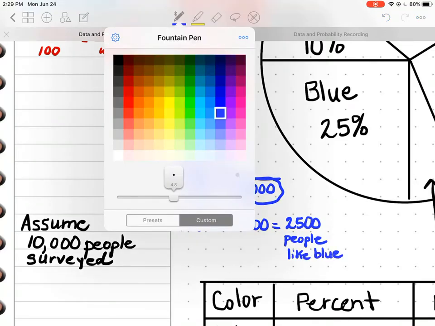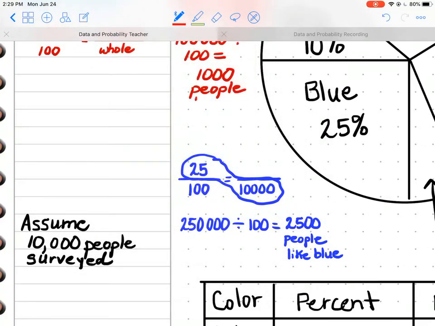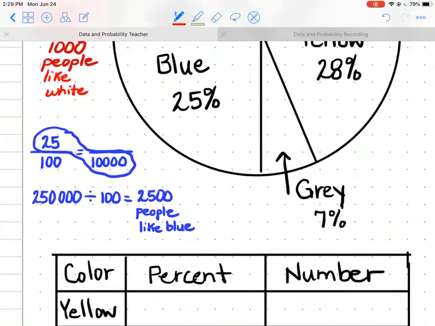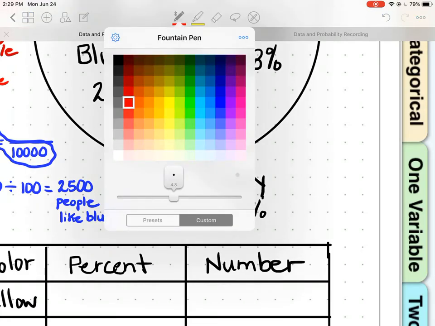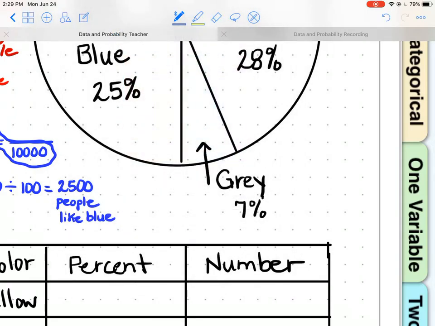And this one up here was the white ones. So then I'll move on over here to the gray. Let me try to find a gray that we can actually see. So I'm going to put percent over 100.